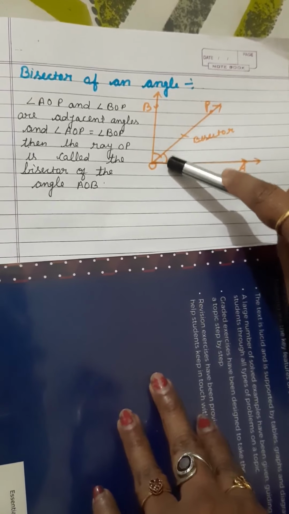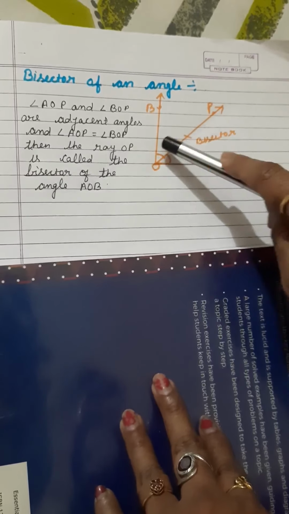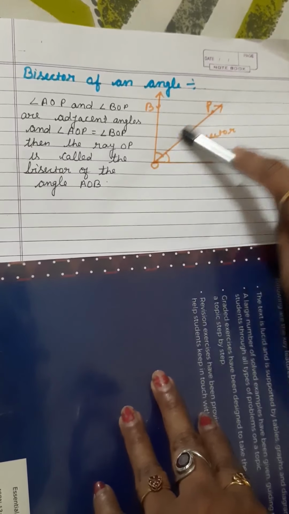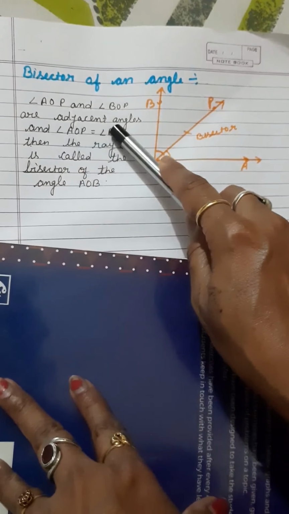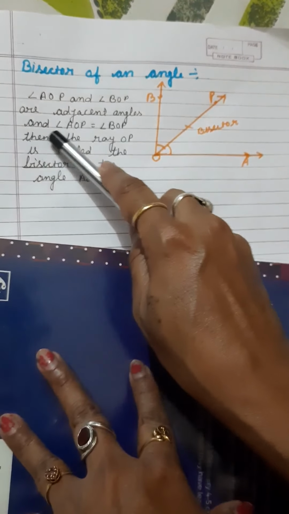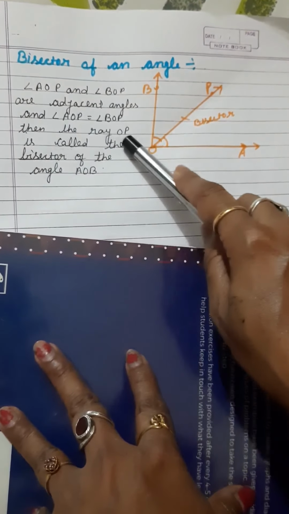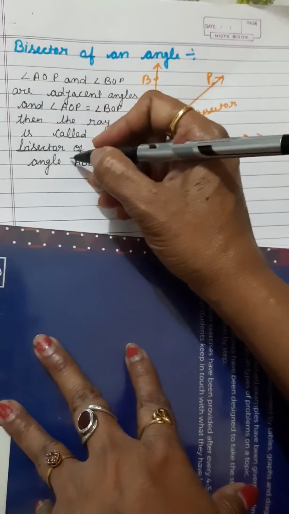Suppose this angle is 80 degrees, then it will be divided into 40 and 40 degrees. So this is called the bisector. So angle AOP and angle BOP are adjacent angles, and angle AOP is equal to angle BOP. Then the ray OP is called the bisector of angle AOB.